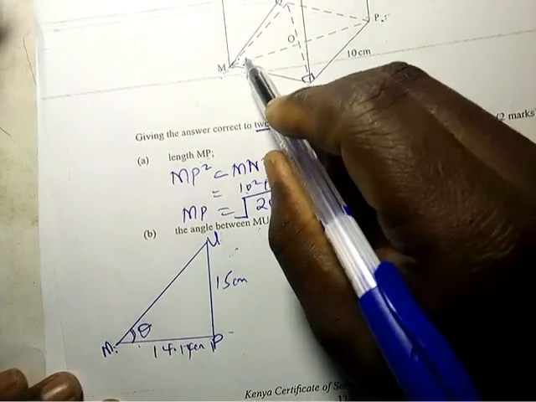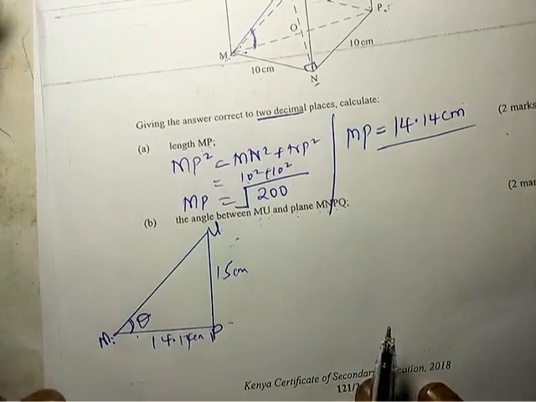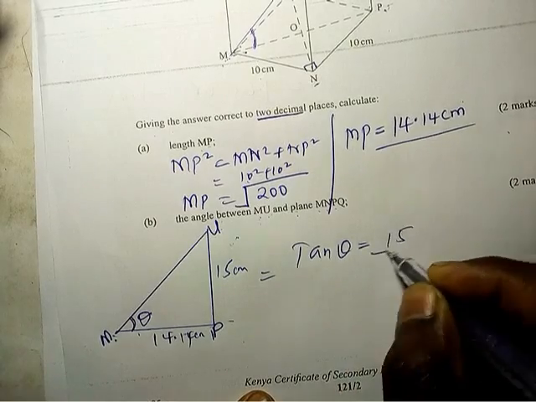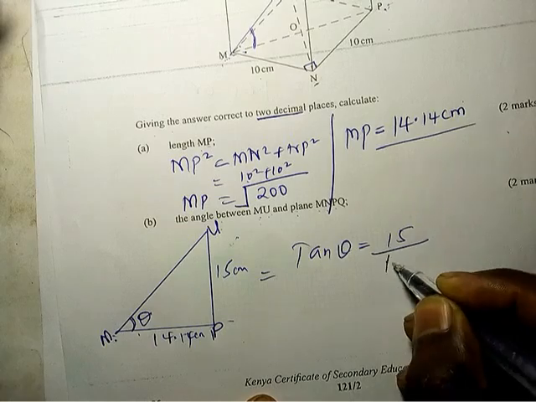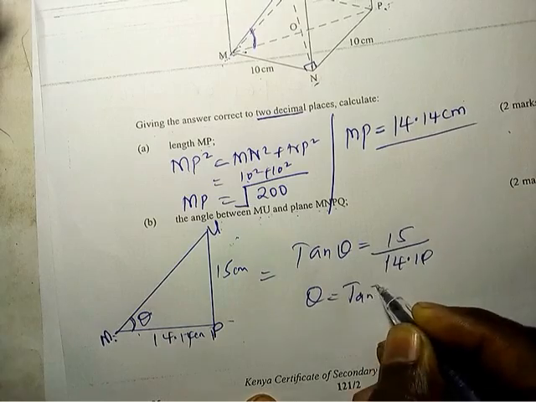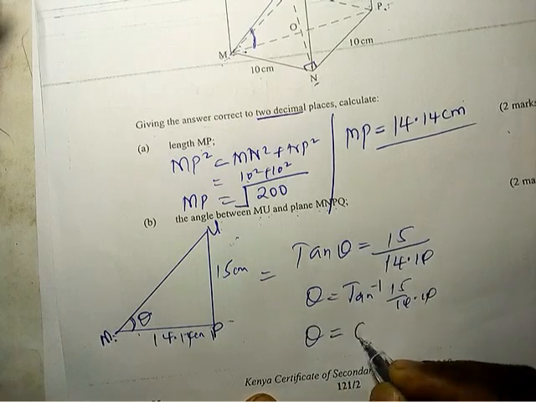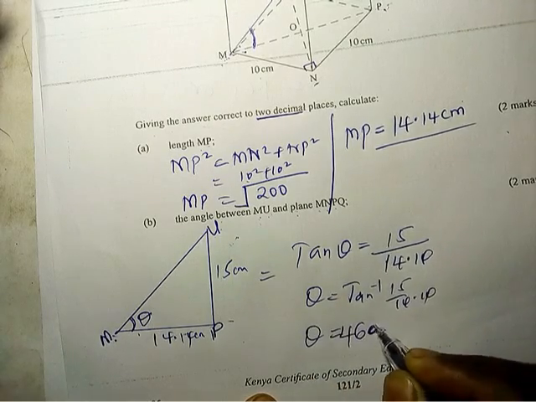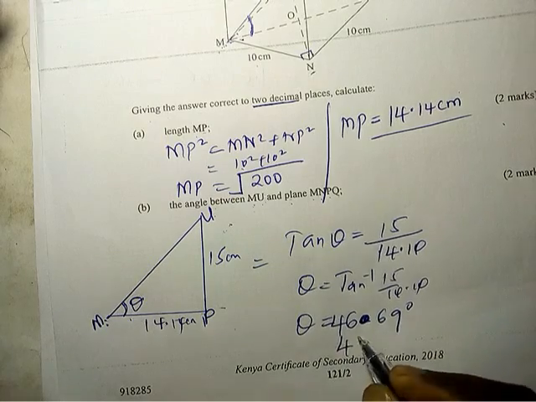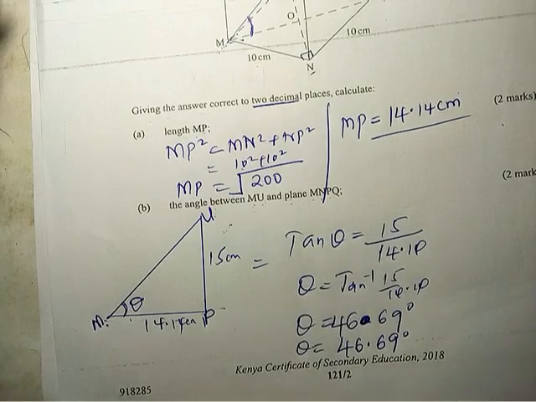This is the angle we are looking for. So for that we will use tan. Theta is equal to 15 over the adjacent, which is 14.14. So theta is tan inverse of 15 over 14.14. And theta is 46.69 degrees. That is the angle between the two.